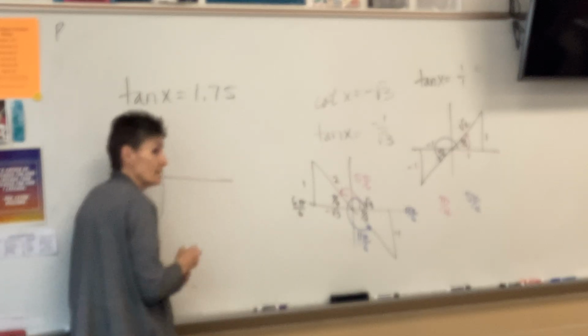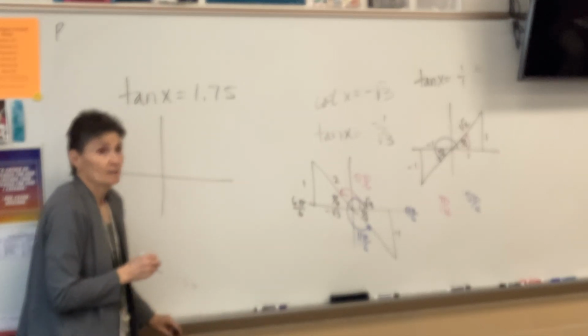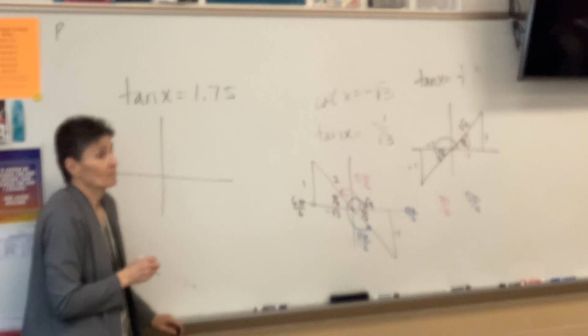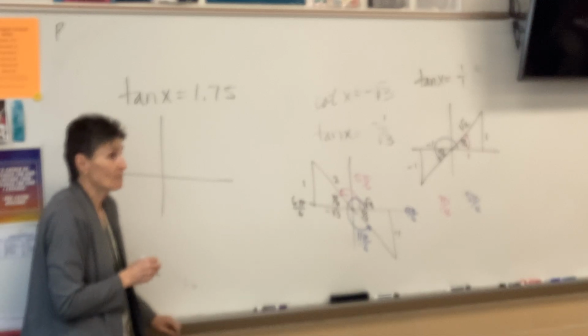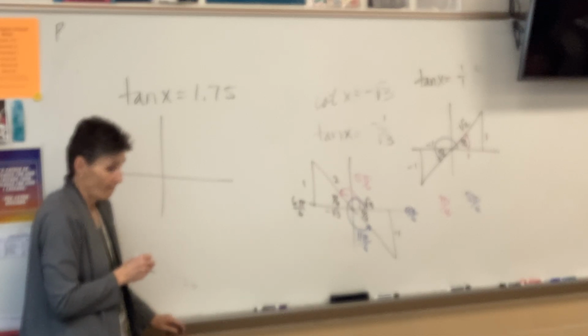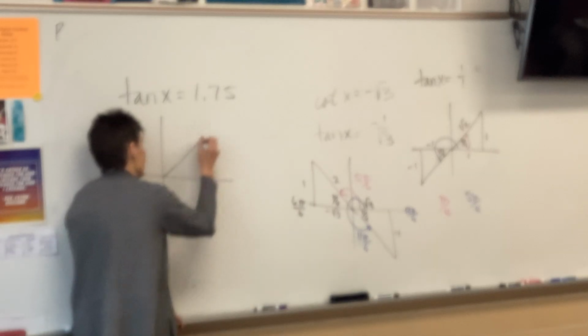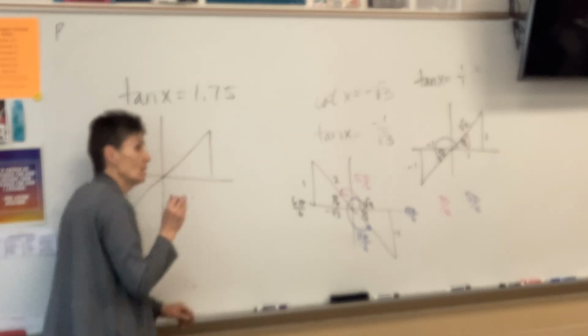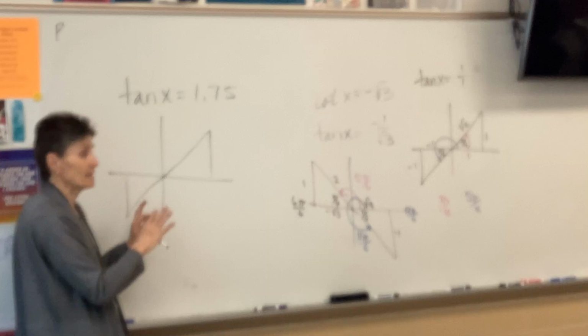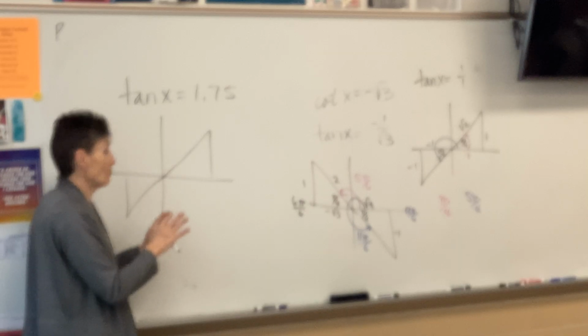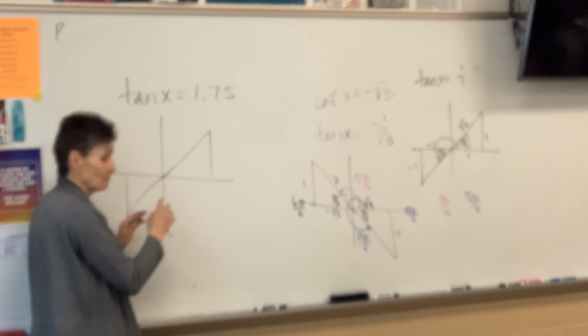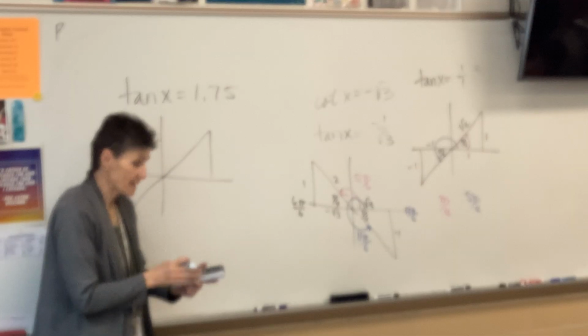Which quadrants will I be looking at if my tangent is going to be a positive number? 1 and 3. Now, you don't need to label the sides or anything. I would just get this picture up here. Your calculator is going to tell you the angle.